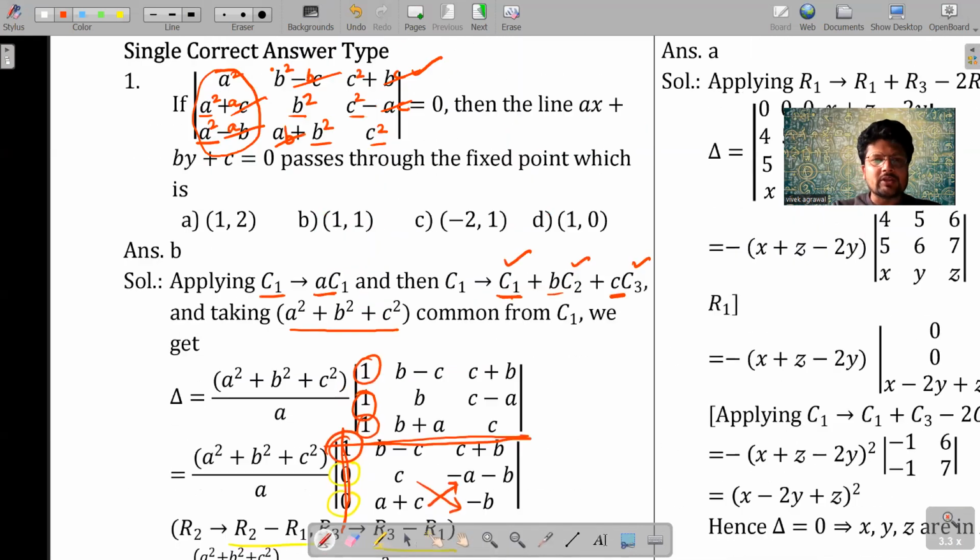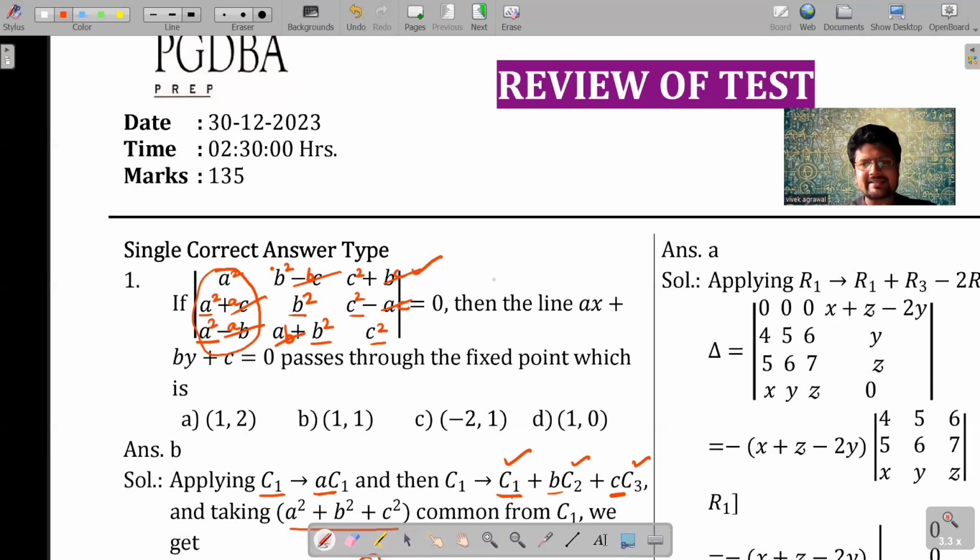Yes. Now the equation was given as AX plus BY plus C is equal to 0. So we already know whichever point is on this particular line will satisfy this particular equation, right? So if we put 1 comma 2, the equation will become A into 1 plus B into 2 plus C is equal to 0, right?